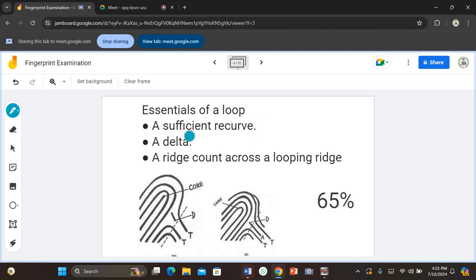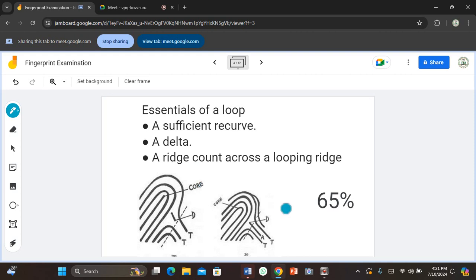Then there must be a delta. For any fingerprint to be qualified as a loop, it must have a sufficient recurve, a delta, and a ridge count across a loop ridge. So we are coming back to that ridge count later.